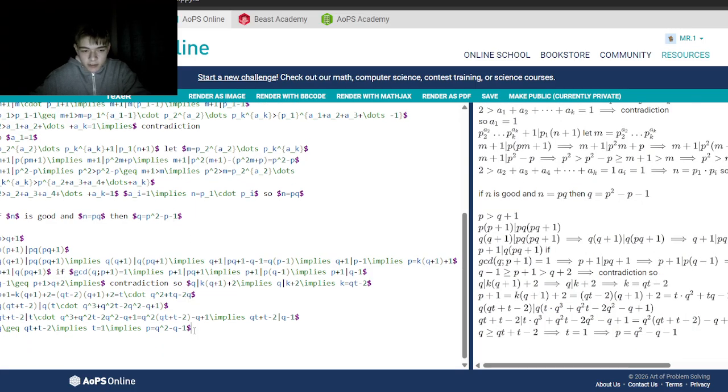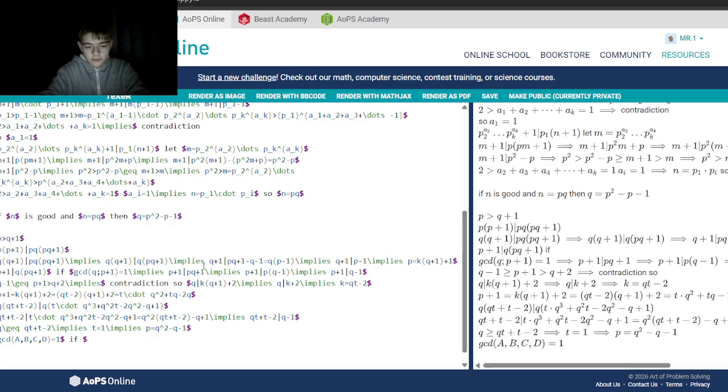Love it. So we know that if PQ is a good number such that P and Q are prime numbers, then the greater prime, in our case P, is equal to Q squared minus Q minus 1. And with that we are almost done, because we wanted to prove that the GCD of A, B, C and D was equal to 1.